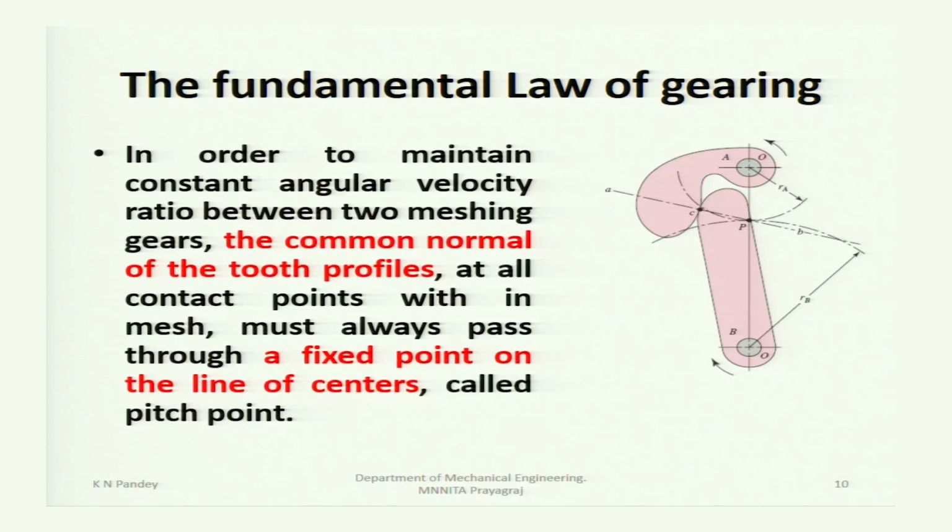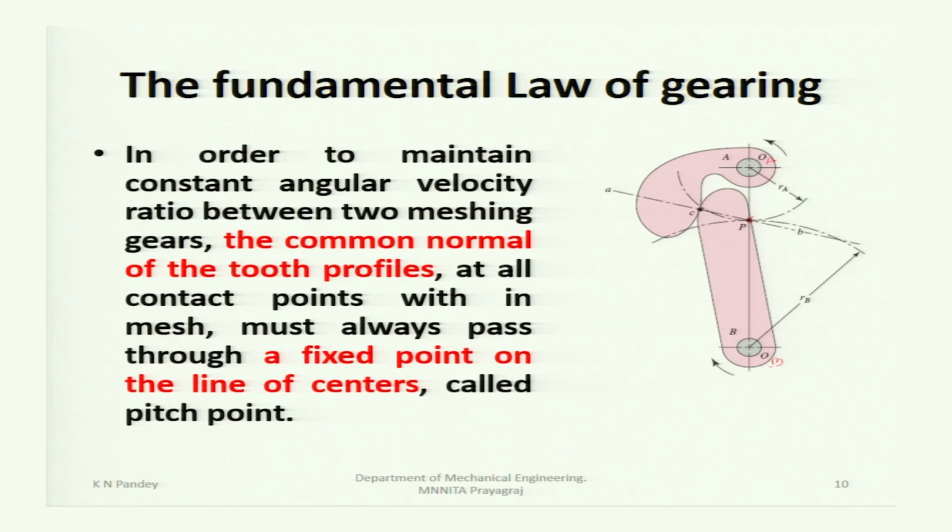Now, in order to maintain constant velocity ratio between two meshing gears, the common normal, this AB, at the point of contact must intersect the line joining the centers of rotation, OA and OB, at a fixed point. Then only RA and RB will be fixed and you will get a fixed ratio.